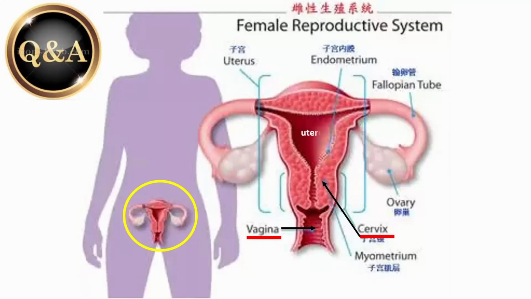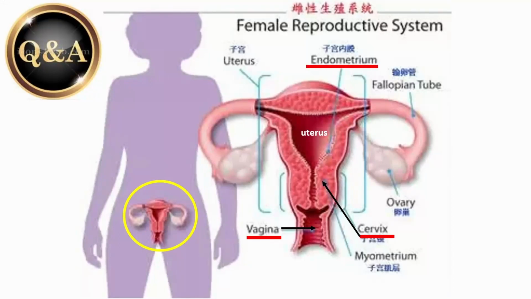Then it is the uterus. The uterus is a central part of the female genital system, and it is a pear-shaped structure. The details will be postponed, but this uterus is the place of developing the embryo.